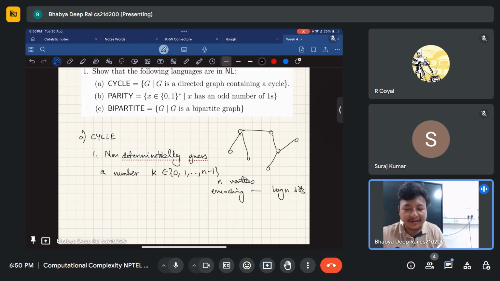Guess a number which is anywhere between 0 and n minus 1. Now I want to form a cycle of length k.